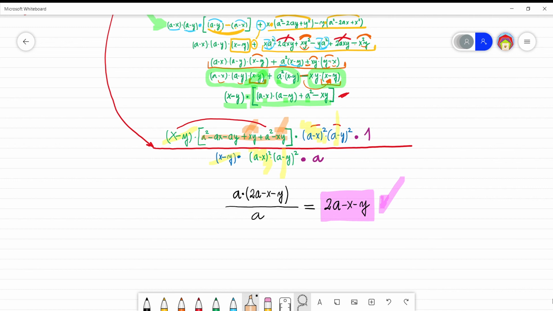The remaining things have a in common: there is an a in this one, in this one, and also in this one. So you take the common factor a, and we have twice a squared. One, take it as a common factor, stays another one, but be careful, times 2. What else? Stays this x with a minus and this y with a minus. There you are. Now we just cancel the final thing, and voila, the final result is that one.